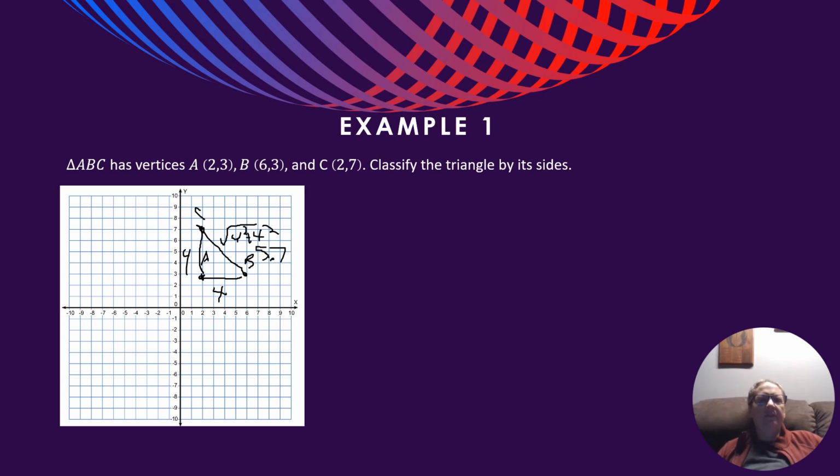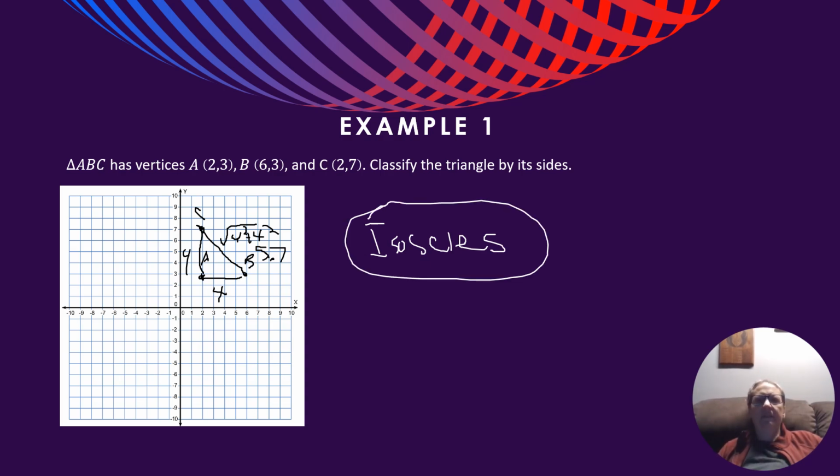So we want to classify the triangle by its sides. It has two equal sides and one that is different, so that is called an isosceles triangle. And that's it.